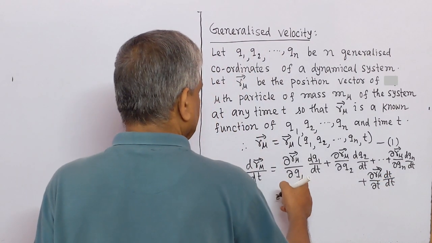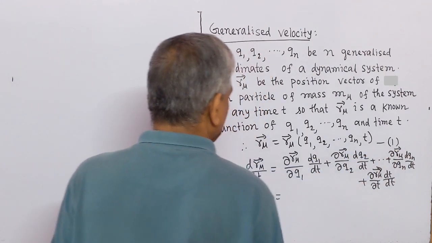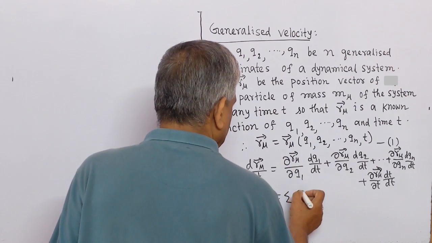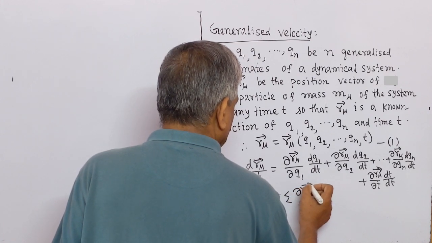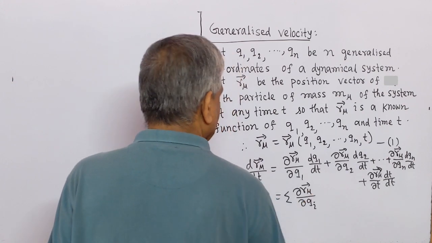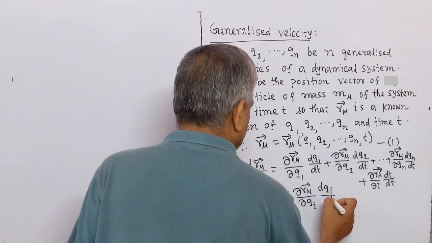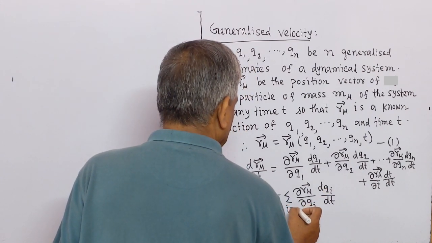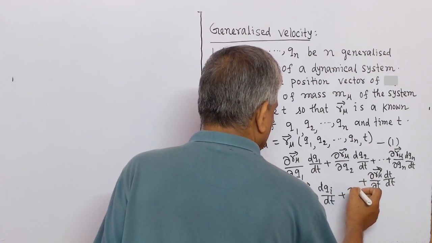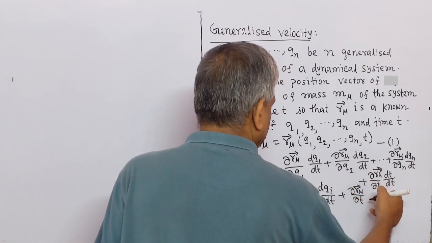Here we see that 1 goes with 1, 2 with 2, n with n, so we may write this in sigma form: sigma of the partial derivative of r mu with respect to q i, dq i by dt, i equal to 1 to n, plus the partial derivative of r mu vector with respect to t, dt by dt, which is 1.